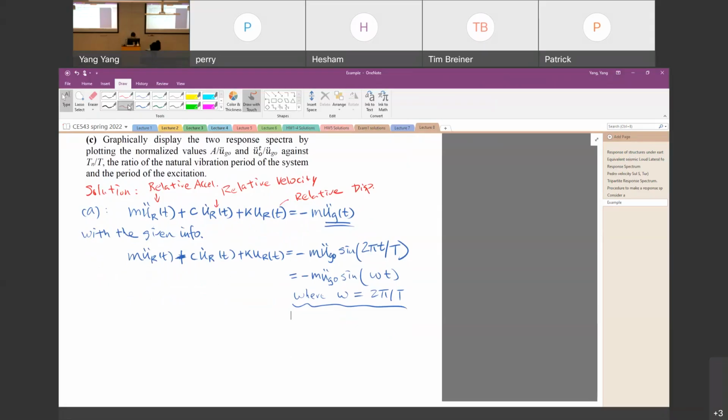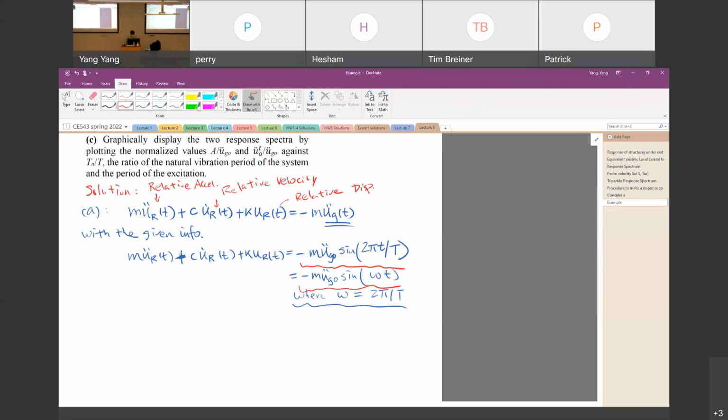So here, if you look at this equation, basically on the right side, that's a force. That's a force in the form of a sine. So that means we should be able to get the maximum displacement based on the equation that we have before.